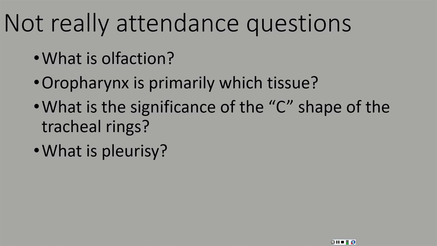Next, the oropharynx is primarily which tissue? Well, first let's start with just pharynx. The pharynx is the shared cavity at the back of your nose and mouth. And for the most part, this is the area where both air and food pass.